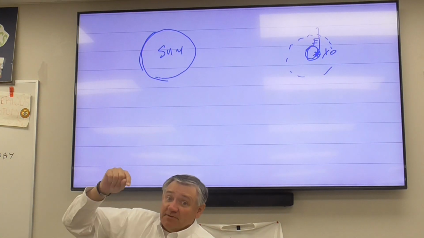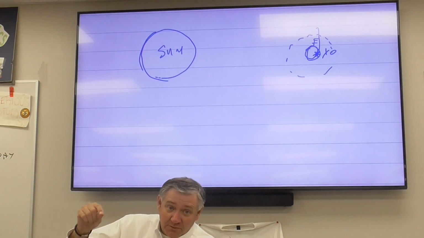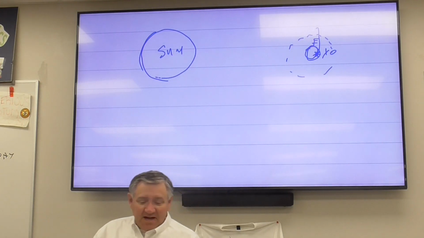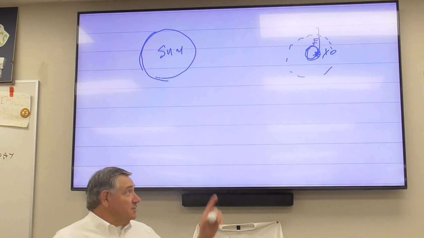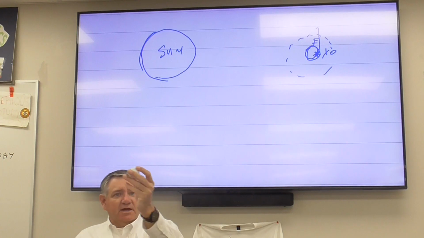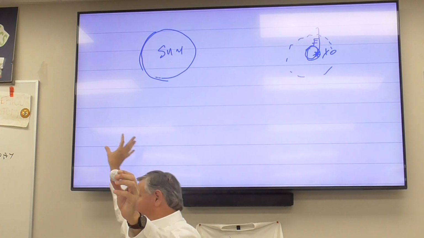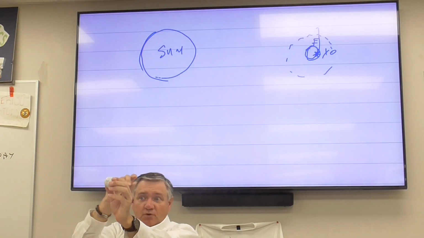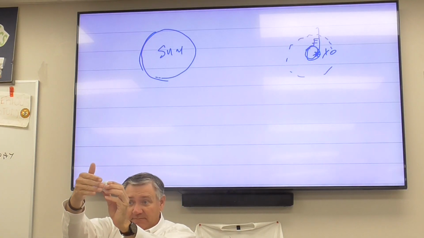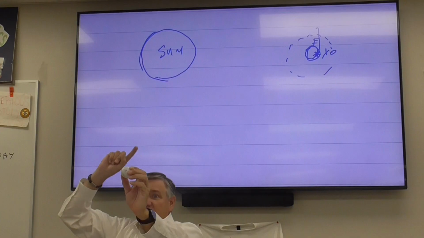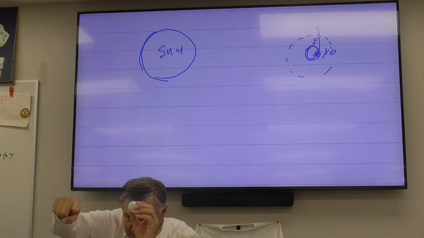Now, it's not necessarily the dark side of the moon. This isn't like the Pink Floyd album. If you look at this as being the sun, when you're here, this would be a full moon. On a full moon, the side away from us is in the shadow.